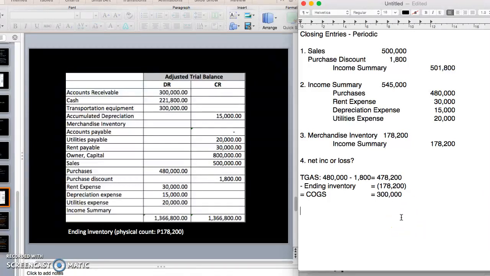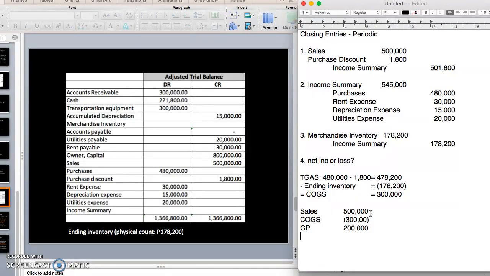So our cost of goods sold is 300,000. So let's say sales is 500. Okay. Cost of goods sold is 300. This means our gross profit is 200.